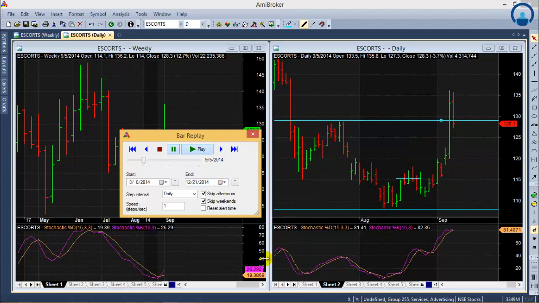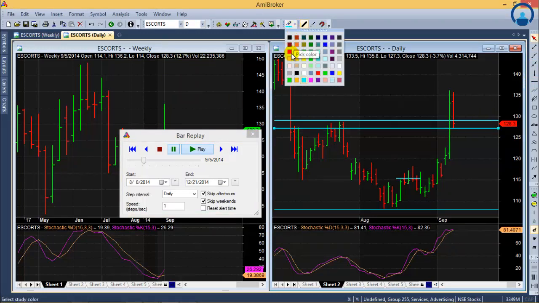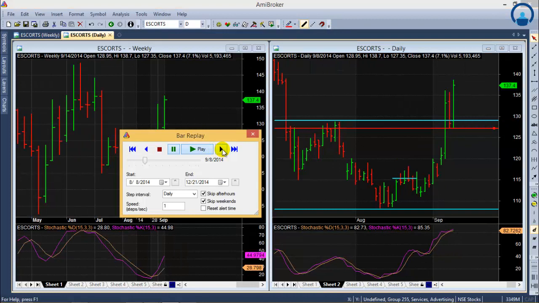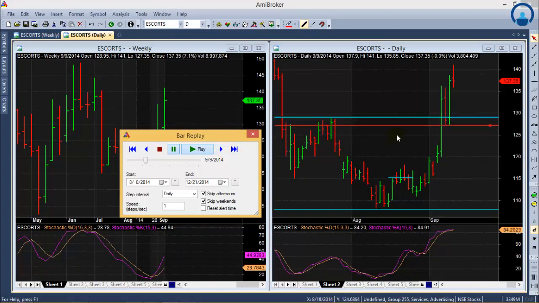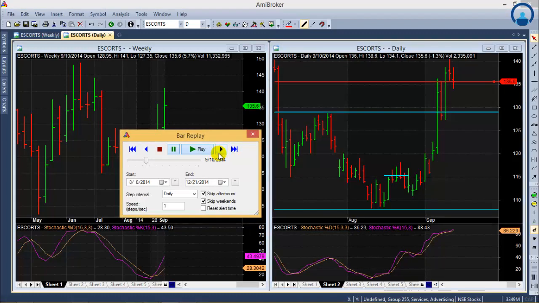As of the current bar, stochastic percentage D has breached the level of 80. We'll place our stop at this low. Add some more bars. Stop was never taken out. Revise the stop to this low, and we are stopped at this current price.